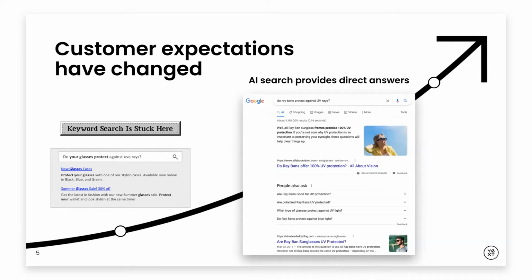A user can now expect to get that direct answer and that quick context that they're looking for without having to go through a list of blue links and verify which website should be the source of their answer. And due to these advancements, customers expect amazing experiences every step of their online journey.